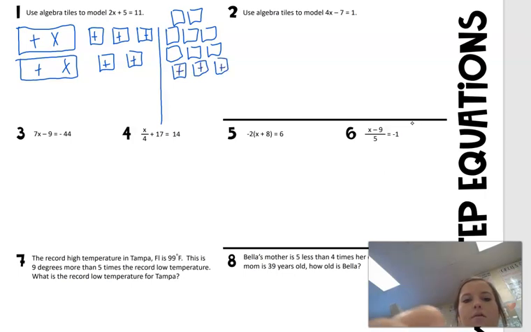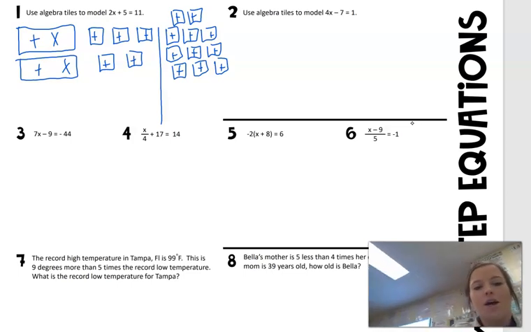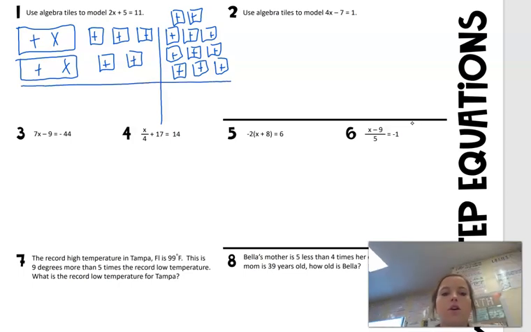So what we have drawn out here is 2x plus 5 pieces, 5 more pieces, equals 11. We want to know how much one of those x's equals. So we know that this plus this has to equal this. We want to know how many pieces are in one of the x's.